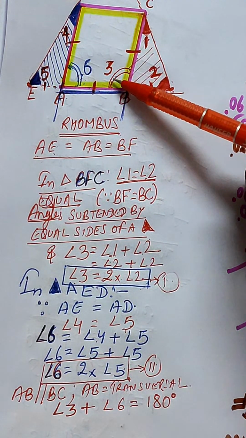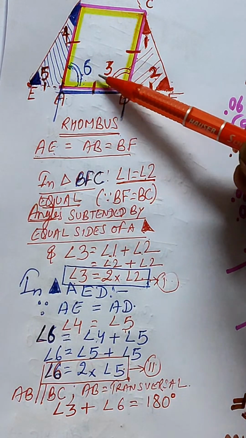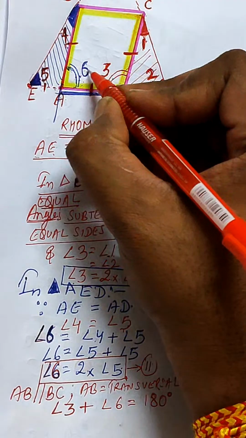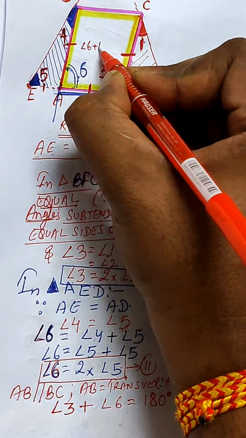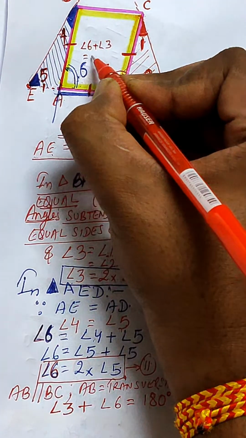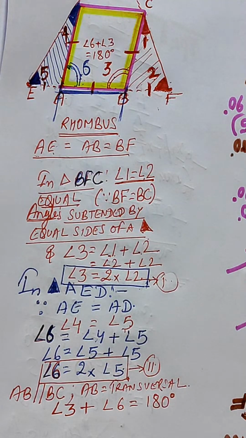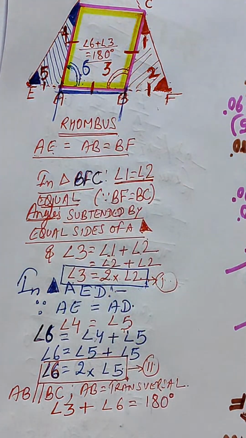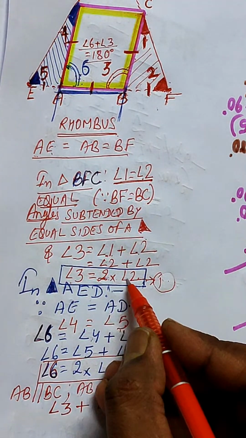This is angle 3, this is angle 6. Both of these will add up to form 180 degrees. This I'm writing: angle 6 plus angle 3 is equal to 180 degrees, right? And angle 3 is 2 times angle 2.